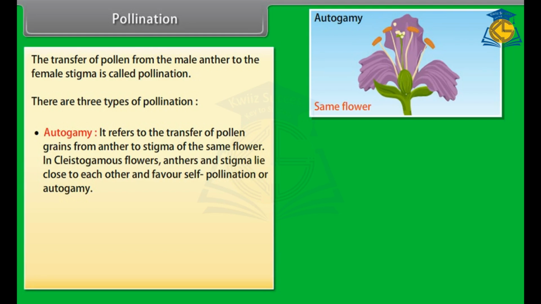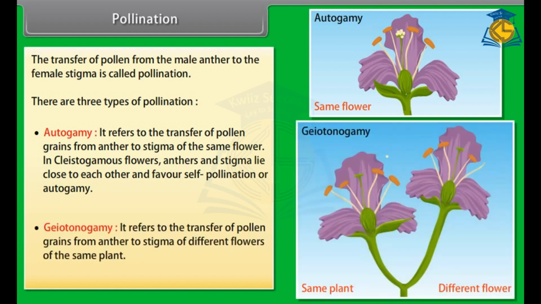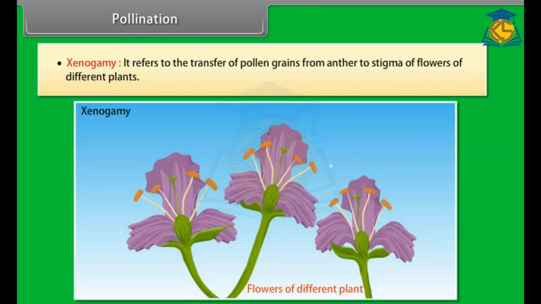In cleistogamous flowers, anthers and stigma lie close to each other and favor self-pollination or autogamy. Geitonogamy. It refers to the transfer of pollen grains from anther to stigma of different flowers of the same plant. Xenogamy. It refers to the transfer of pollen grains from anther to stigma of flowers of different plants.